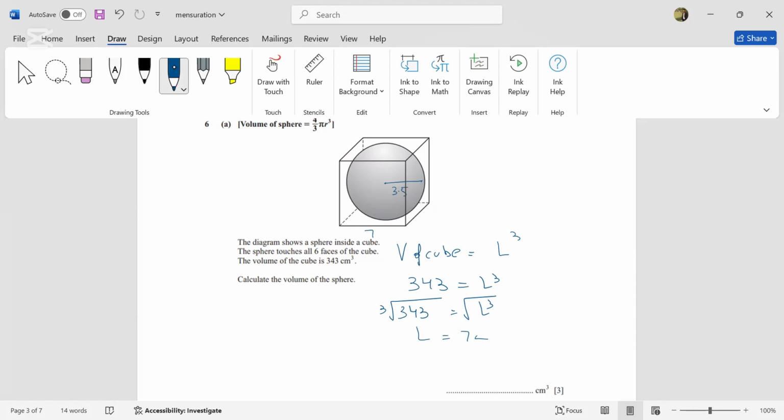So radius of the sphere is 3.5. We need to get the volume, simply inserting in the volume. Using the calculator, 51.3 centimeter cube. Okay, let's move to the next thing.